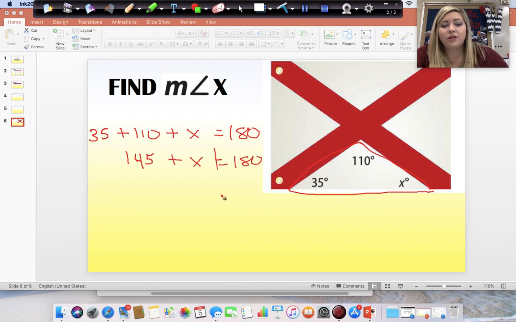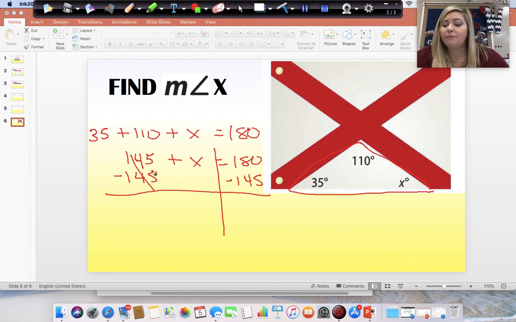And to solve this one-step equation, you need to subtract 145 from both sides. This cancels, and we are left with 180 minus 145, which is 35. So X is equal to 35.